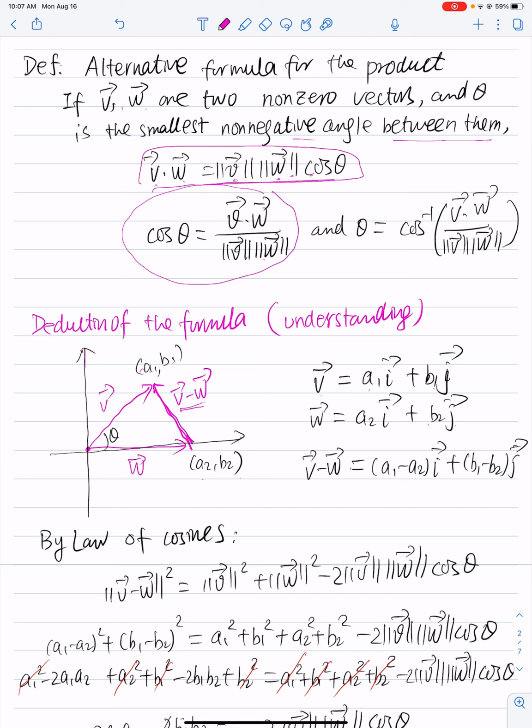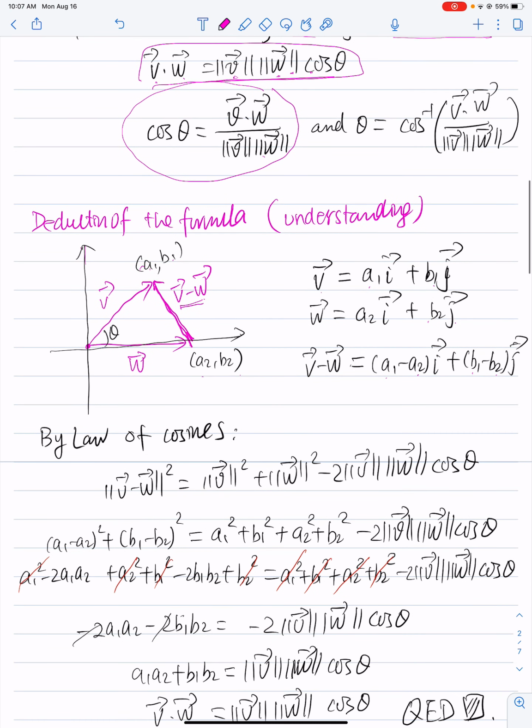So it will be a1 minus a2 i plus b1 minus b2 j. Because it makes a triangle, we can also use the law of cosines. I will write any one of them. So it will be c squared equals what?